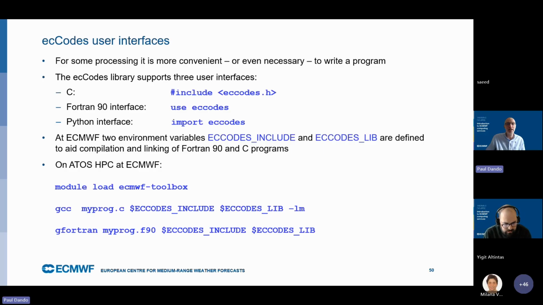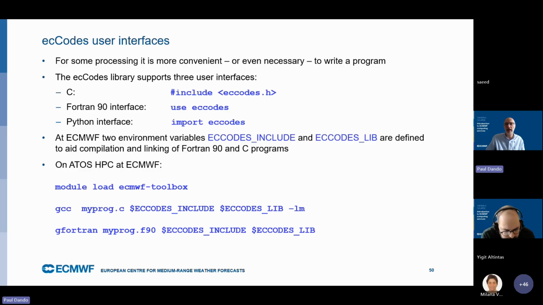your program. So here in C, my program is going to be called myprog.c. It's going to have an include eccodes.h at the top, and then I can set the ecCodes include as a variable here and link to the library via the $ecCodes_lib.